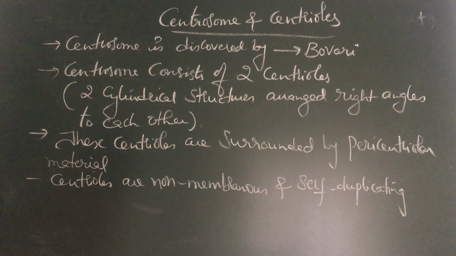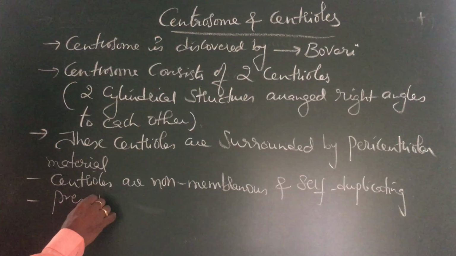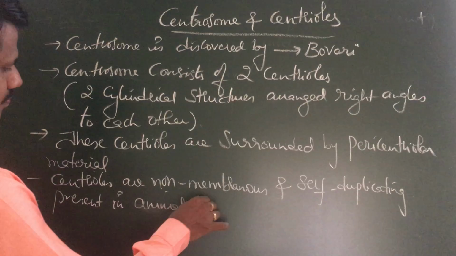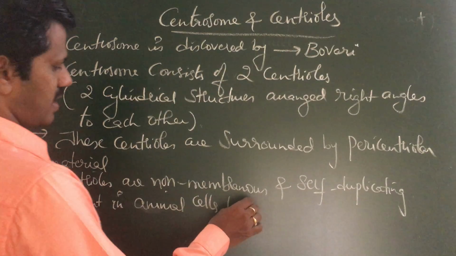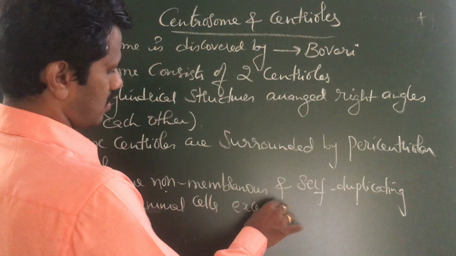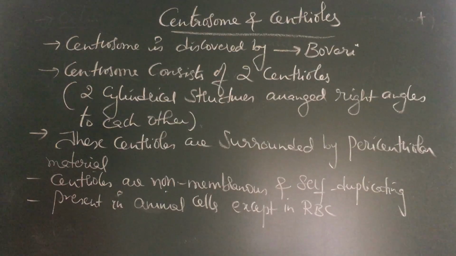They are present in animal cells except in RBC, erythrocytes.